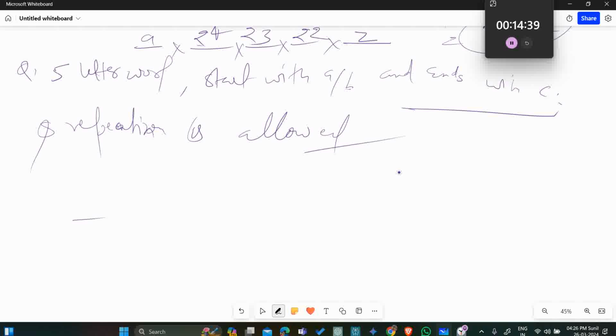So how can we do this? 2, 3, 4, 5 places are there. A or B, there are two possible ways, alright. 26 here, 26 here, and 26 possible ways here. And C only one way here. So 2 times 26 to the power 3 is the answer.